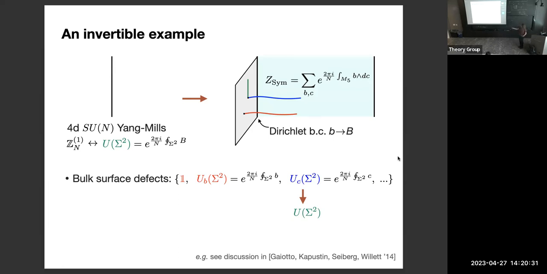The statement is that this electric type surface defect, because of the Dirichlet boundary conditions, can terminate on the boundary. It belongs to this red class. This other defect does not. It belongs to this blue class. Instead, it ends on the operator that will generate my Z_N one-form symmetry in my original quantum field theory when I shrink the slab.